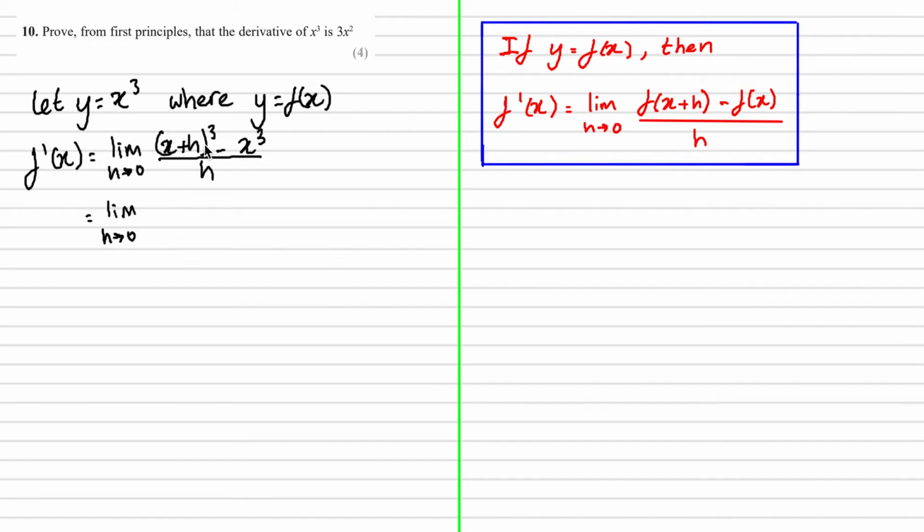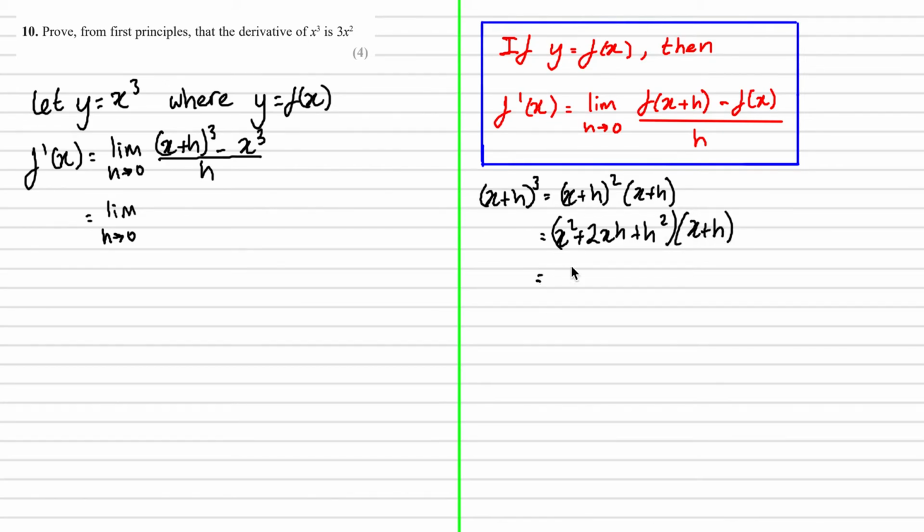Now off to the side here I'm going to compute x plus h cubed, because it's quite an involved computation. So x plus h cubed is equal to x plus h squared multiplied by x plus h, and I'm going to expand this first bracket. x plus h squared is x squared plus 2xh plus h squared, and again this is being multiplied by x plus h.